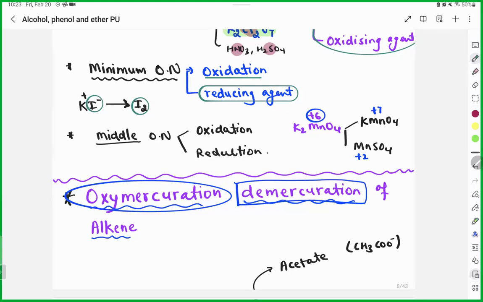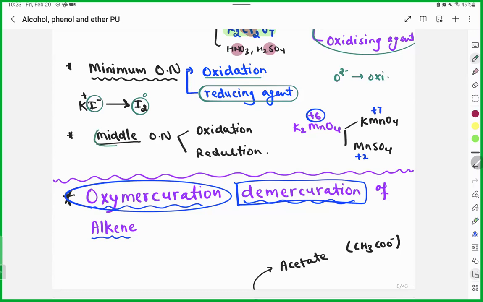So what is happening? Iodine was present in the least oxidation state, -1. Then it converts into 0. So oxidation. Similarly, if you have oxygen in the -2 oxidation state, oxygen cannot go lower than that, so it can undergo only oxidation because reduction is not possible.